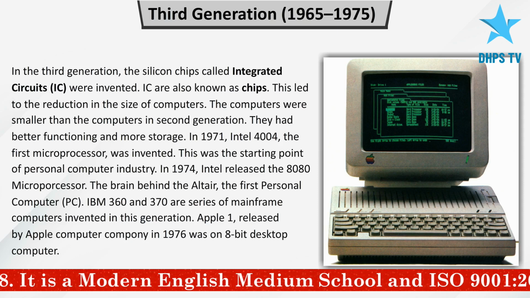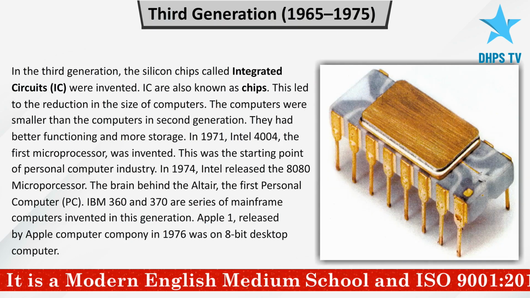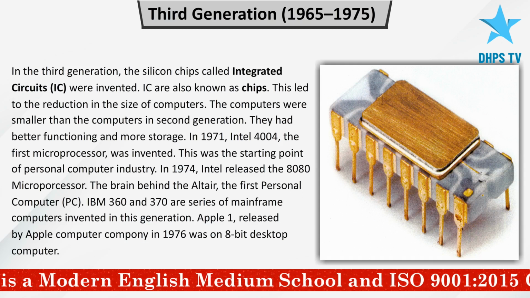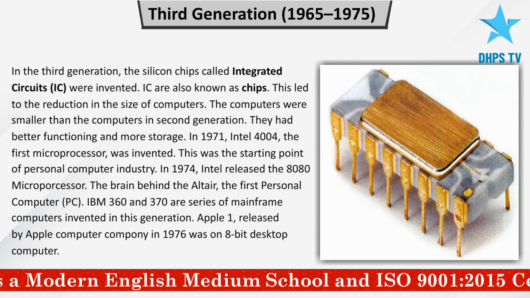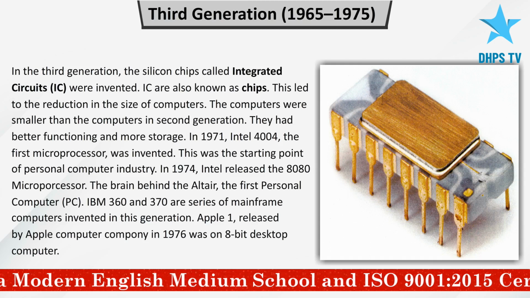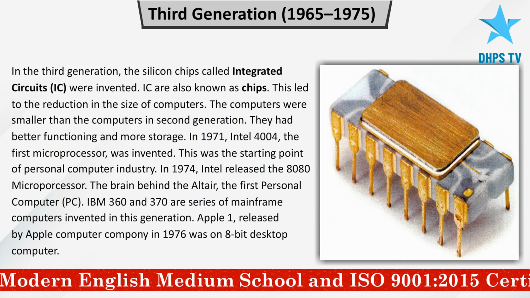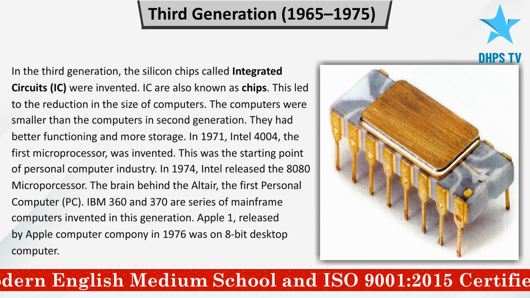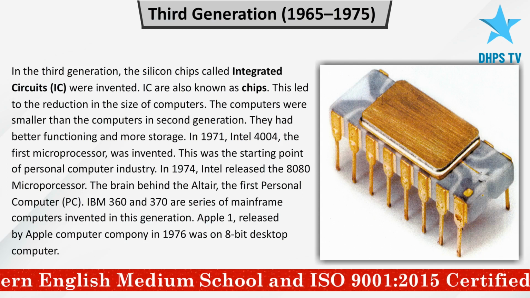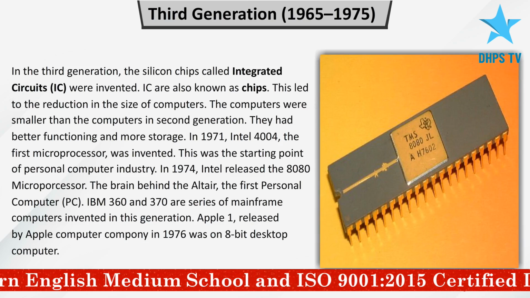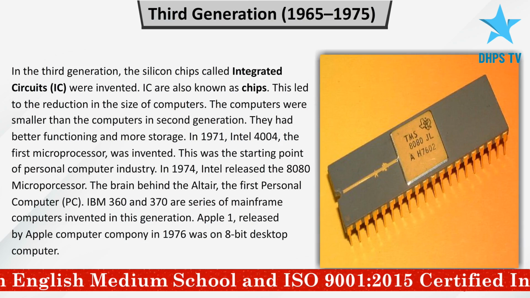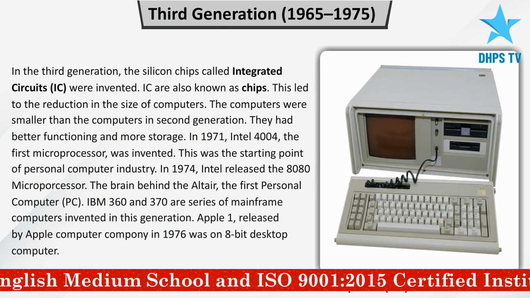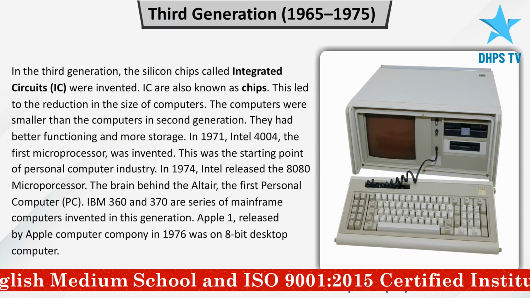In 1971, Intel 4004, the first microprocessor, was invented. This was the starting point of the personal computer industry. In 1974, Intel released the 8080 microprocessor, the brain behind the Altair, the first personal computer, PC.